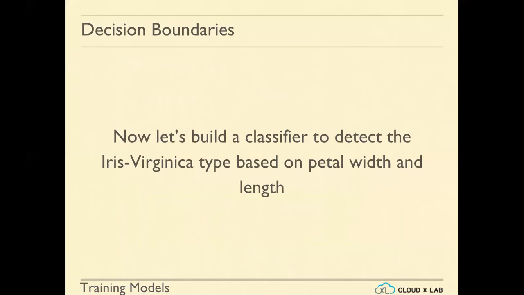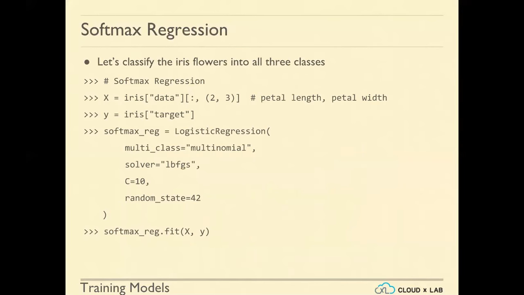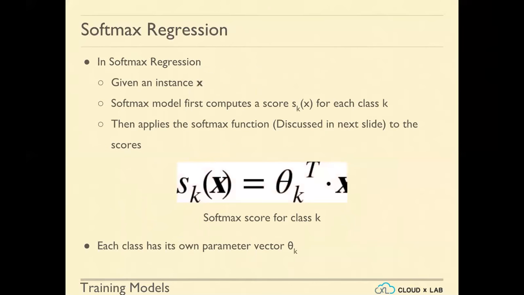So, moving on. In softmax regression, given each instance, the softmax model first computes the score s_k for each class.